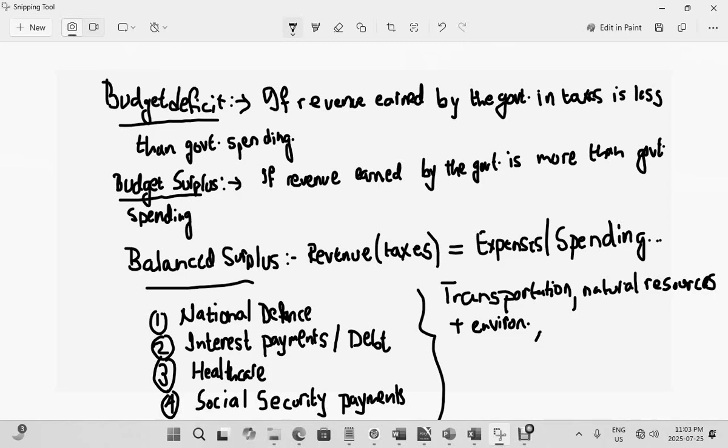It covers housing, education, law enforcement, regional development, and the administrative cost of running the government, so admin expenses.